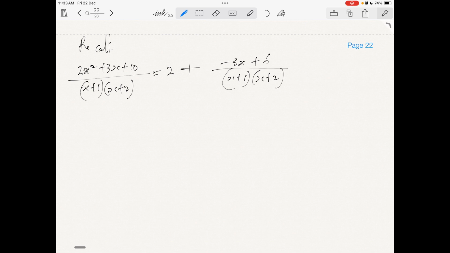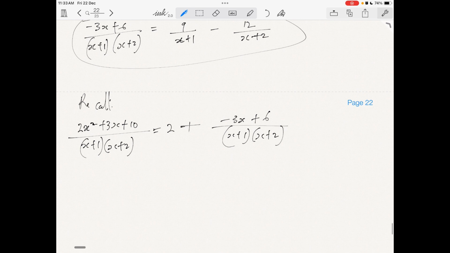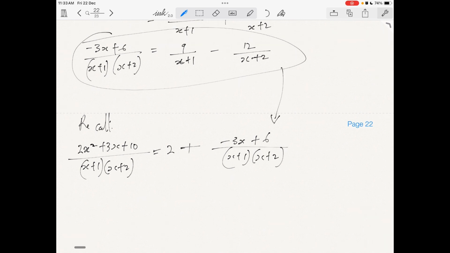Then we substitute our value for minus 3x plus 6 into this, so we have 2 plus 9 over x plus 1 minus 12 over x plus 2. Now this is our final answer.